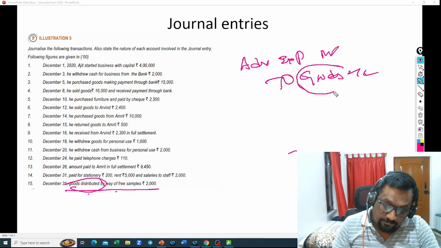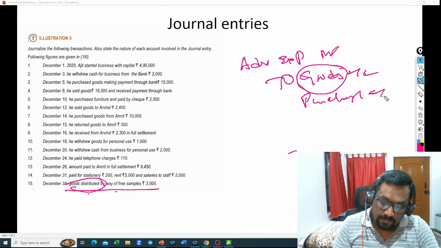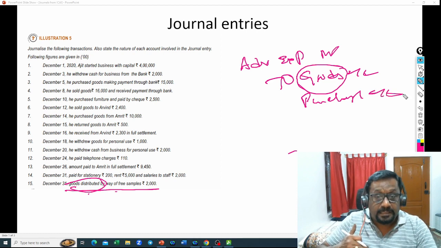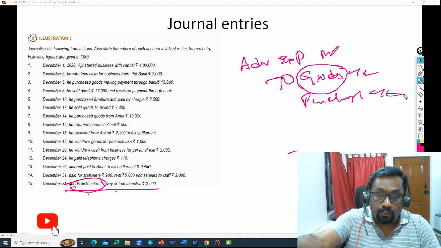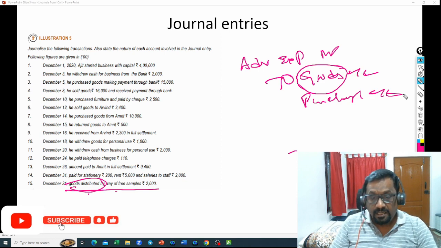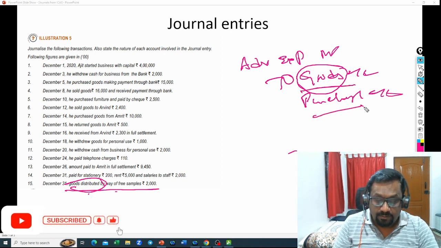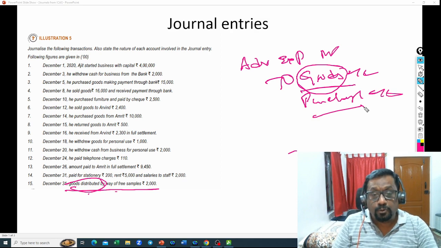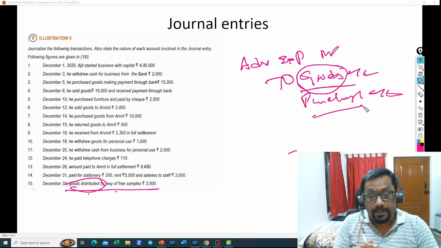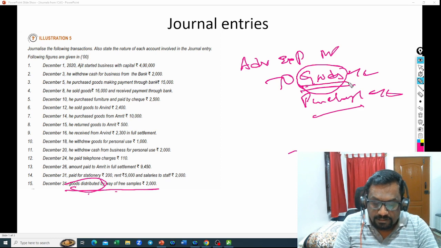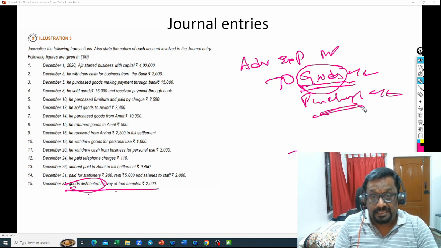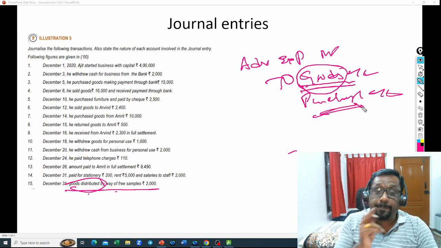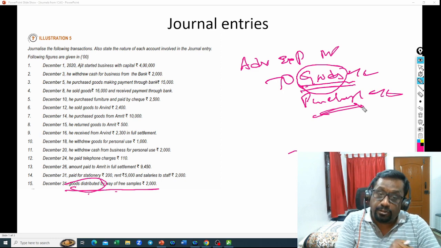Instead of crediting goods, you can also credit purchase account, because whatever goods you purchased, those purchased goods have been used for free sampling, right? So you can credit purchase account. This kind of explanation I have given for goods used by the proprietor for his personal use. That time also I said instead of crediting goods, you can use purchases because these goods were purchased previously and being used by the proprietor.